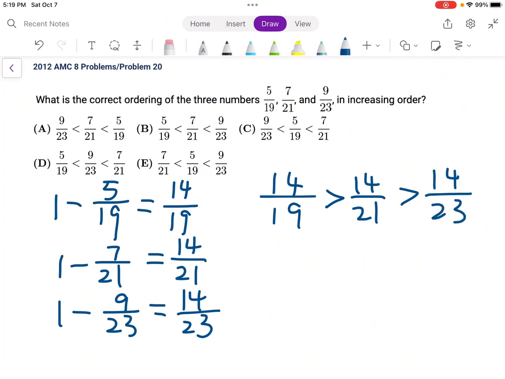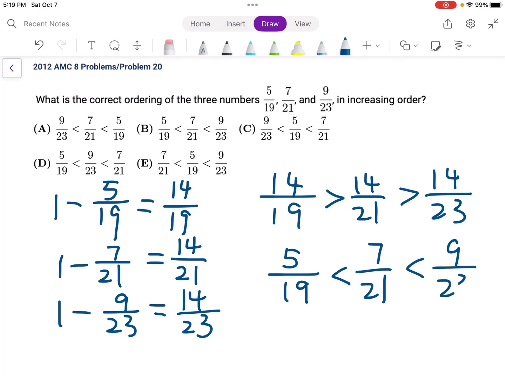And so the original numbers will be 5 over 19 is smaller than 7 over 21 is smaller than 9 over 23. And the answer is B.